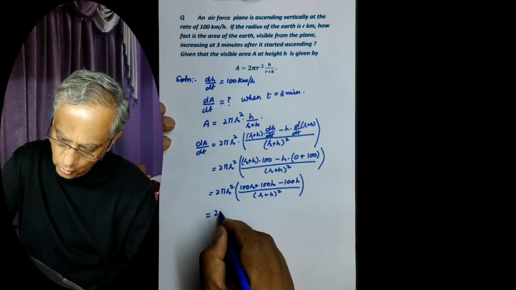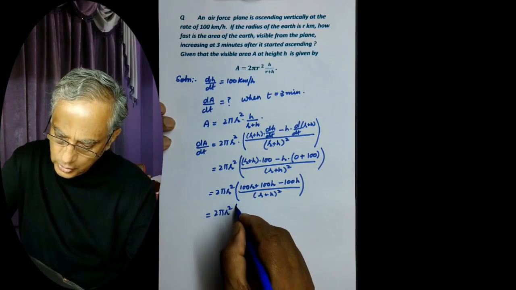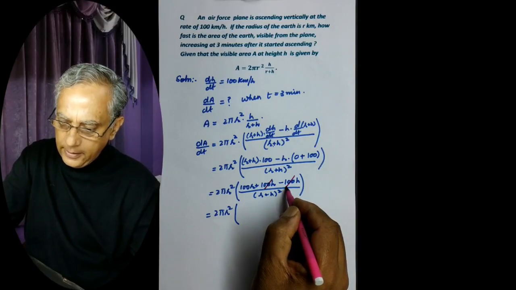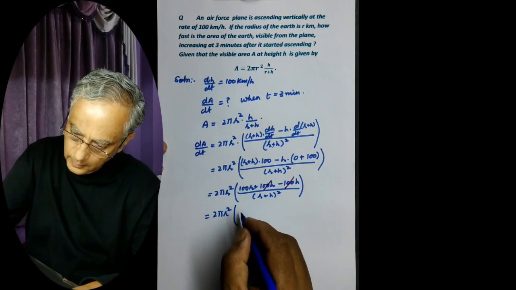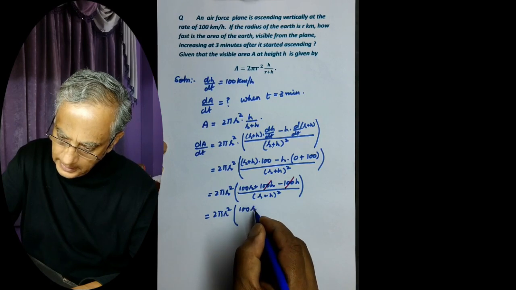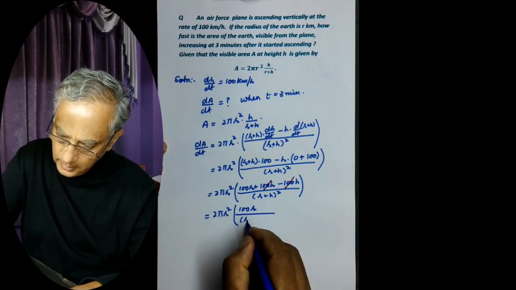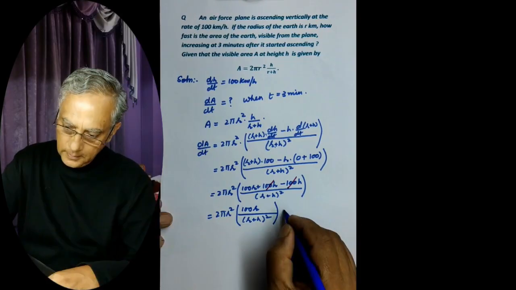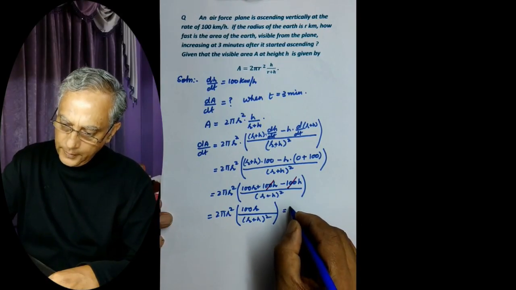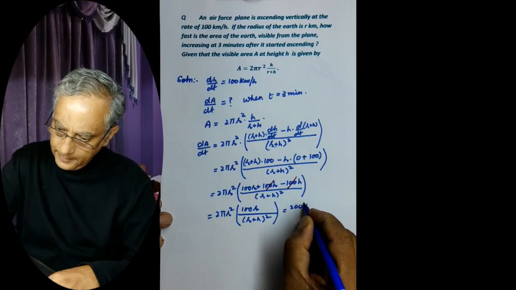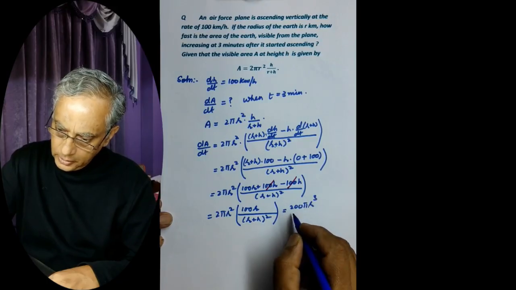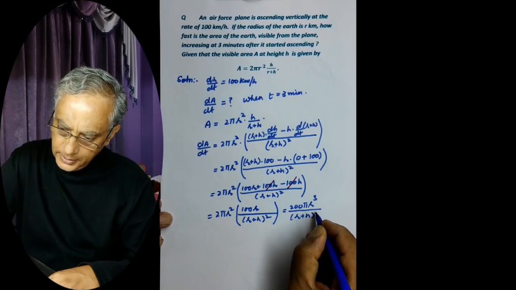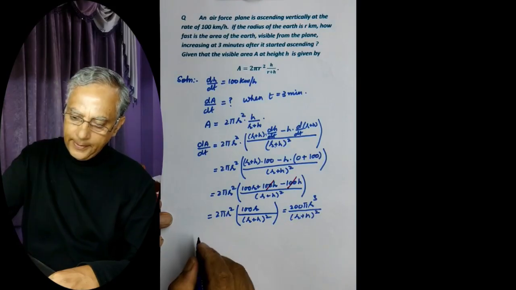These two cancel out and we are left with 100 r over r plus h whole square. This is equal to 200 pi r cube divided by r plus h whole square.